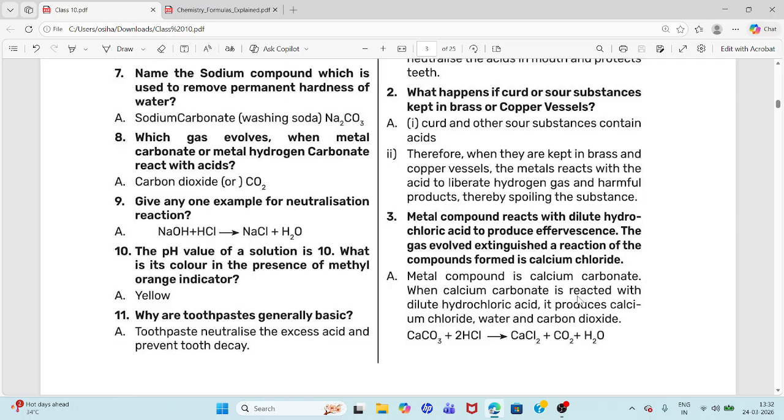When calcium carbonate is reacted with dilute hydrochloric acid, it produces calcium chloride, water, and carbon dioxide. See this equation. Through this equation, we are going to read this now. The compound is calcium carbonate. When calcium carbonate is reacted with dilute hydrochloric acid, it produces calcium chloride plus carbon dioxide plus water.